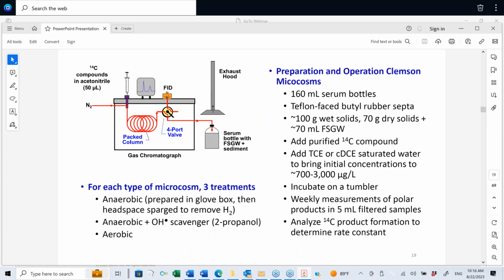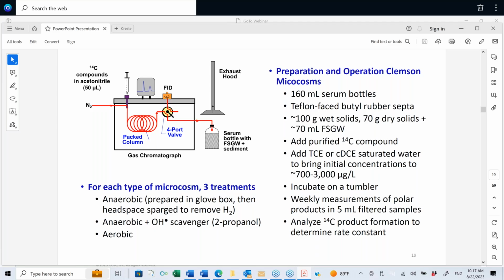The assay developed at Clemson is actually, in my mind, a sophisticated advance in the use of carbon-14 assays. What Clemson does that's unique is they take their carbon-14 and they run it through a GC to clean it up, to separate the radio-labeled TCE or cis-DCE or vinyl chloride or PCE or whatever from the other stuff that was provided in a sample acquired from the manufacturer.